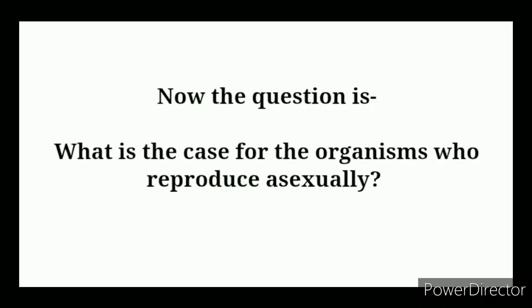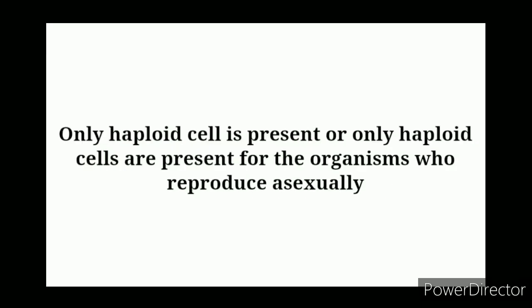Now, the question is, what is the case for the organisms who do not reproduce sexually, who reproduce asexually? For them, only haploid cells are present. They do not contain diploid cells. Each cell contains only one set of chromosomes, or a single set of chromosomes.